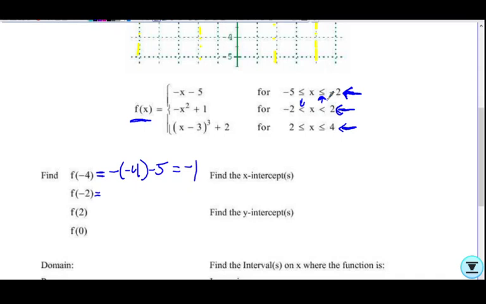So you need to be careful there. You're using whichever domain you need to use based on the number, but sometimes it lands on that number, and then you have to look at your symbols. So yes, I'm using the linear again. So this is -2 minus 5, which will give me +2 minus 5, which is -3.